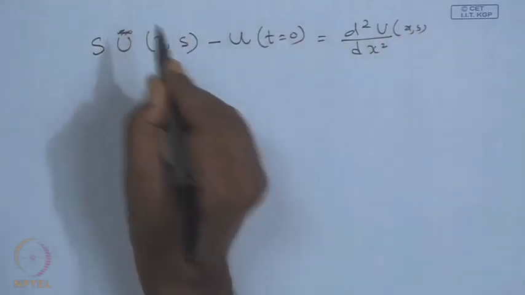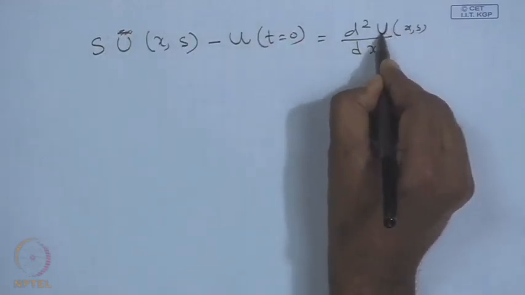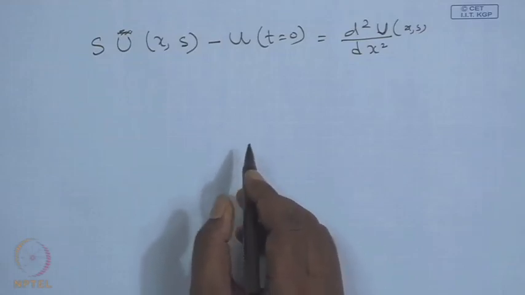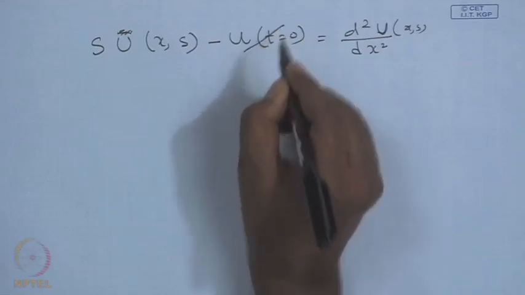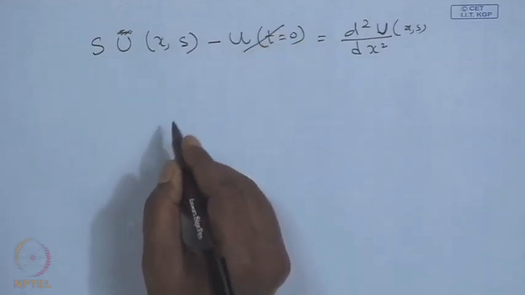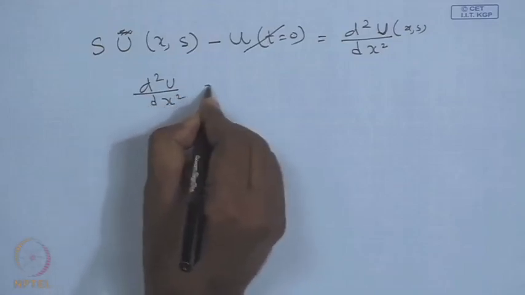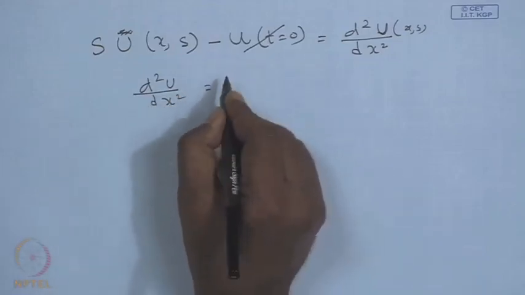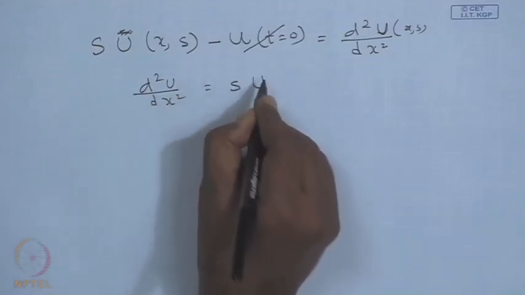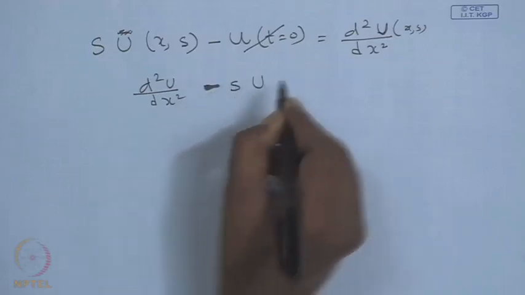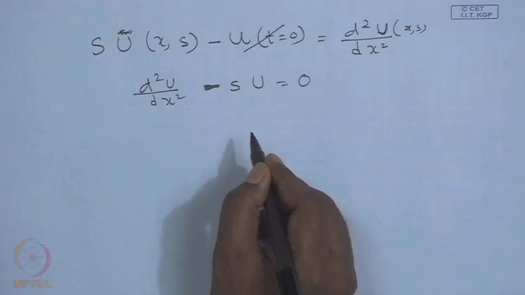So, we need not write bar; either you write bar or you write capital U to represent the transformed variable. And we have already seen that at time t is equal to 0, u is equal to 0. So, d square u d x square becomes s u. Okay. So, this minus this will be equal to 0.